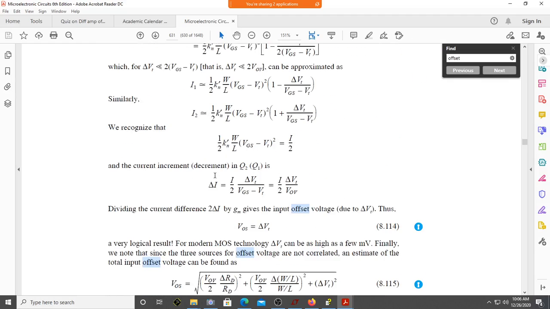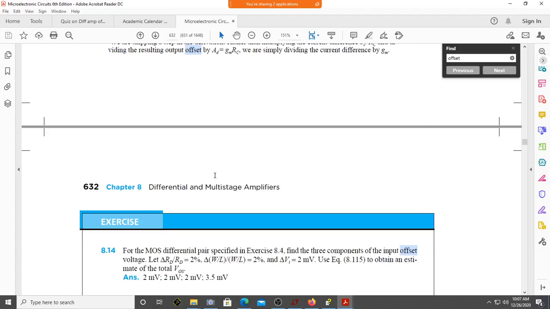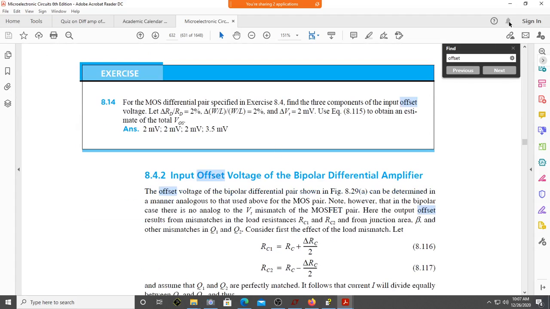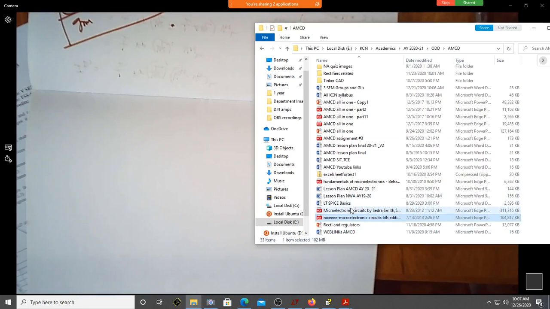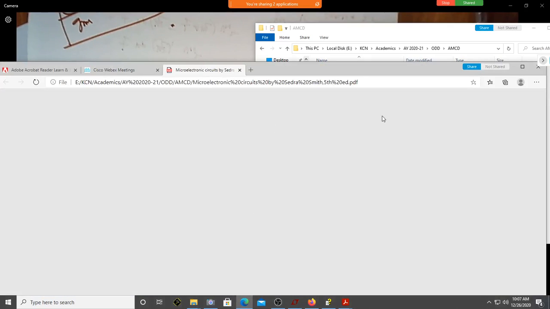Okay, this is the next edition. Let me open the previous edition. In the 6th edition they have made it straightforward, they have not given that explanation. Maybe in the 5th edition.